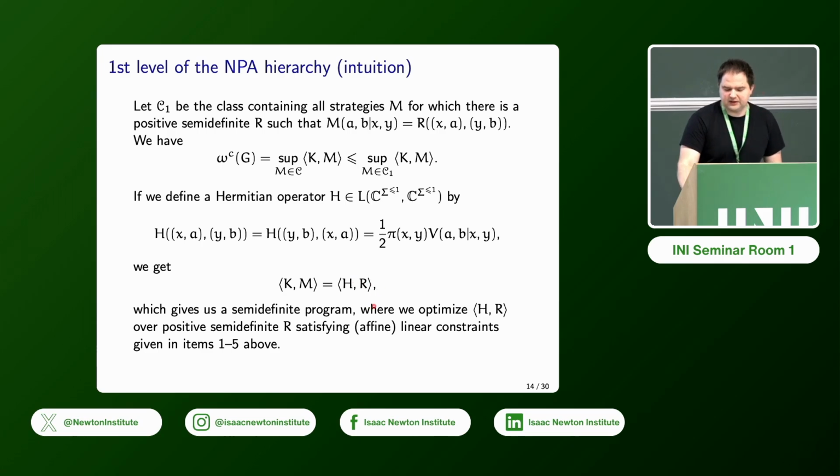In this semi-definite program, we would optimize this inner product of H and R over all positive semi-definite R, satisfying the constraints that we have had above. So this is the intuition behind the first level of the NPA hierarchy.